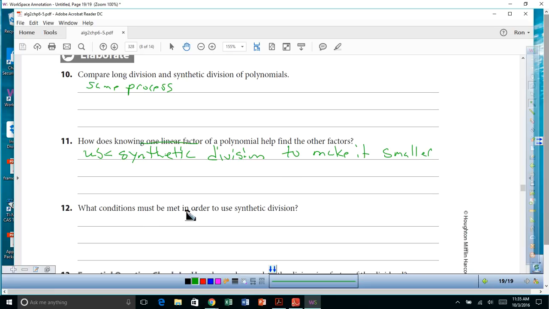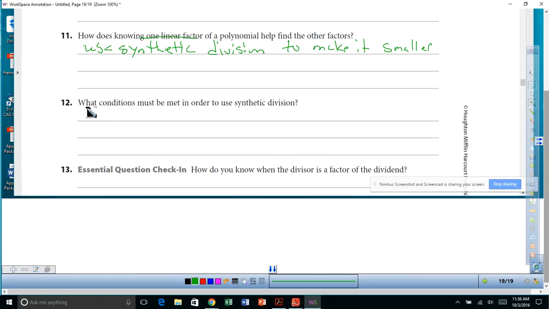What condition must be met in order to use synthetic division? Well, I can think of two. One, the leading coefficient must be equal to 1.